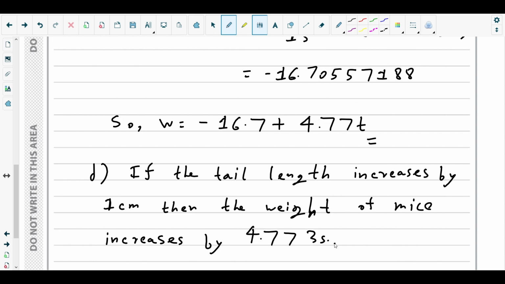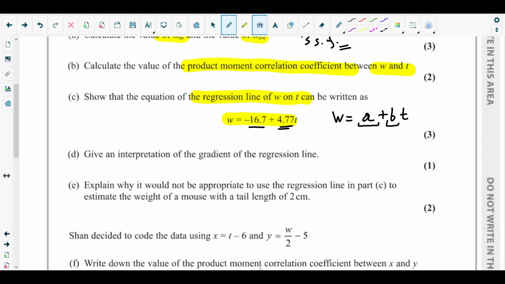That much, in grams. That's basically the interpretation of the gradient, and that's how we need to interpret it, based on the context of the question. Fine. So that was part D.